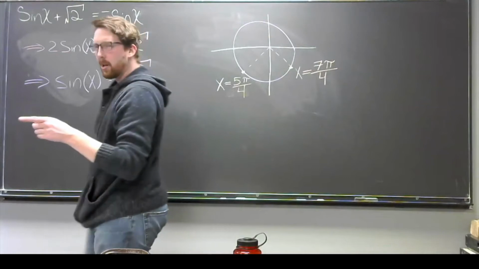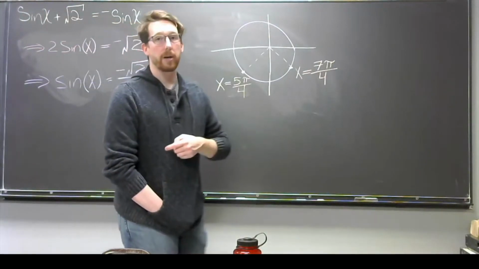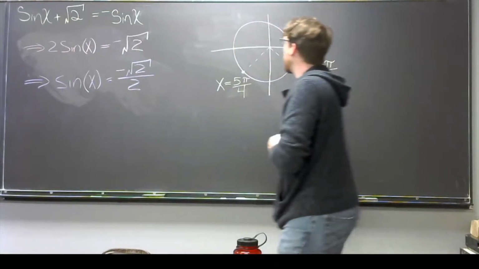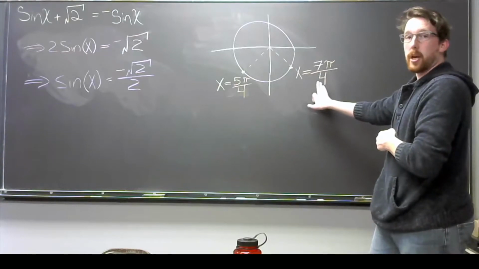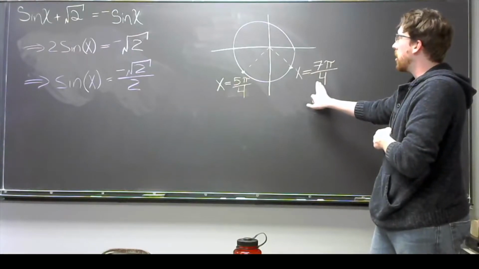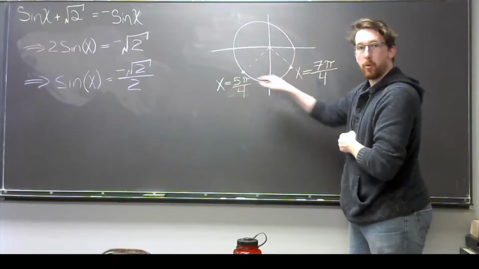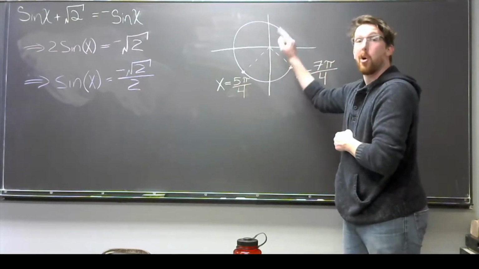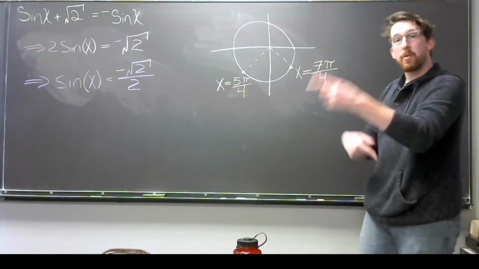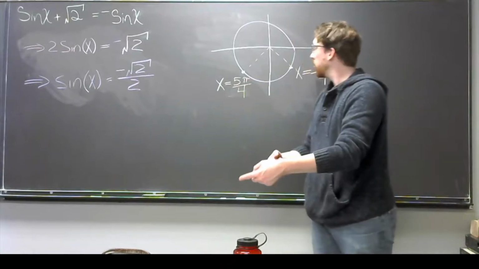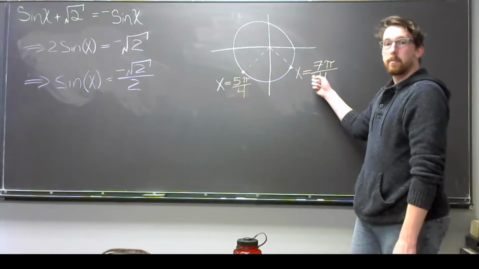But we know that sine and cosine are both 2 pi periodic. So these aren't going to be the only 2 answers, are they? Once we make one rotation, we can make another one, and another one, or we could go backwards. Every time we make one of those cycles, we're going to pass through these 2 points.